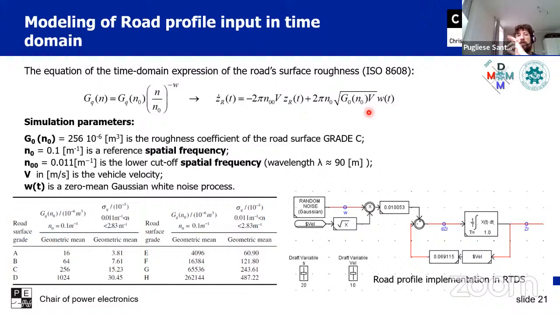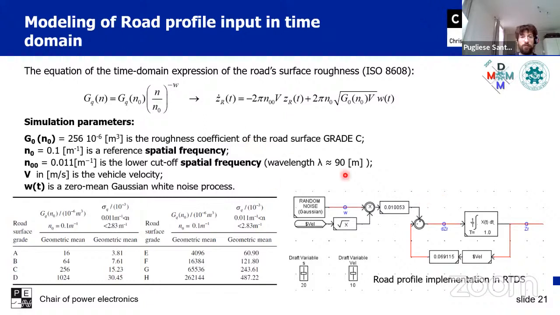Everything then should be multiplied by the velocity of the vehicle. So for each velocity, we will have a different road profile. As you see in this formula, we have a first order equation, whose input is a white noise, and all these parameters also depend on the velocity of the vehicle in meters per second. So when we fix that, we have all the information.